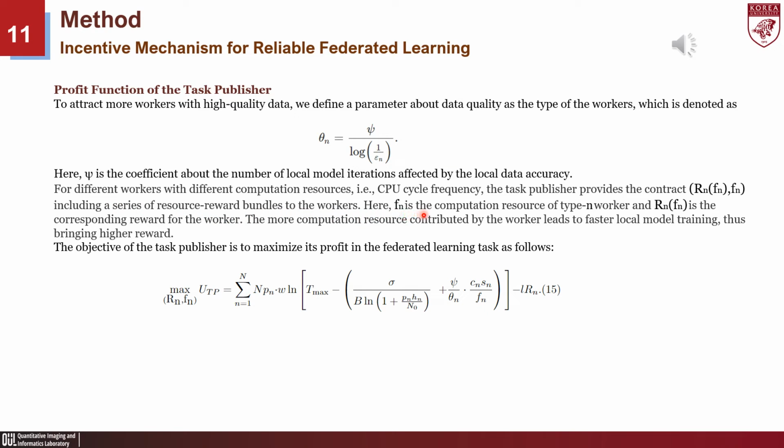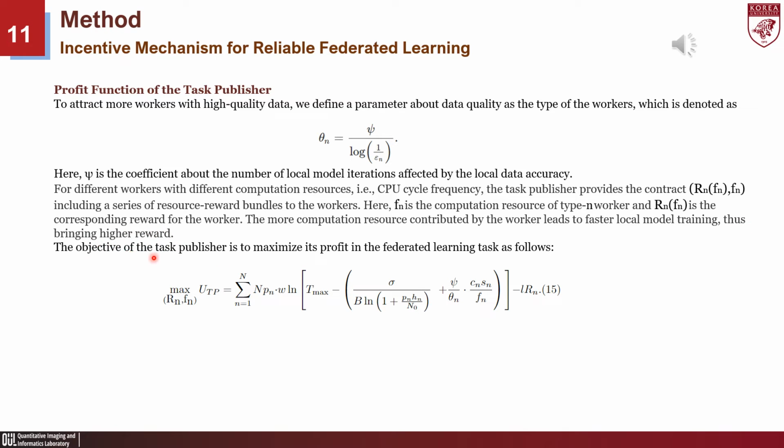Here, Fn is the computation resources of the type-θn workers, and Rn is the corresponding reward of the workers. The more computational resources contributed by the workers lead to faster model training, thus a higher reward.